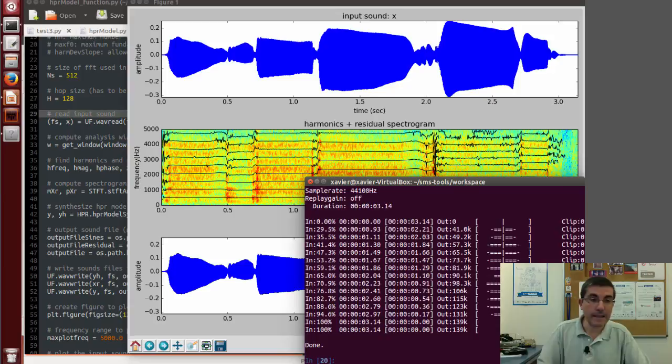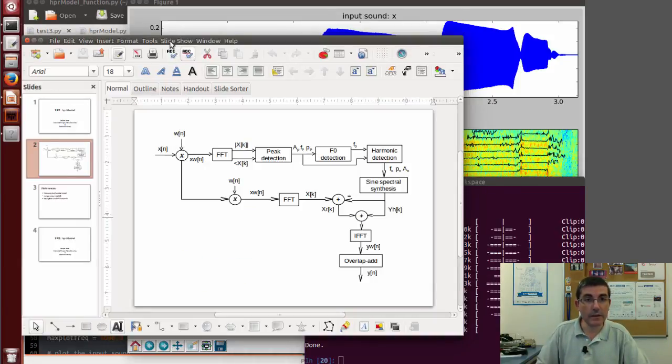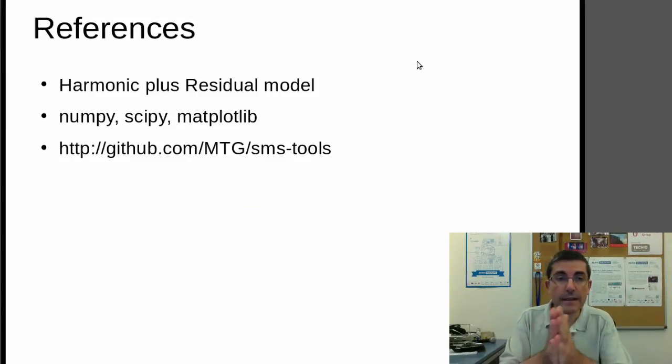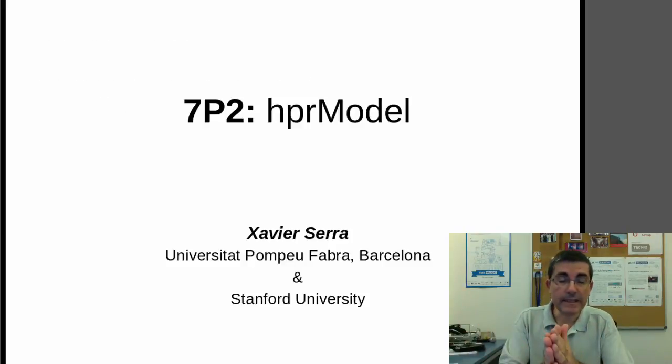Okay, and that's all. Basically, we have gone through the harmonics plus residual model, and we have used quite a bit of code from the SMS tools and from Python to be able to subtract the harmonics from the residual. And hopefully that has given you a programming perspective to this idea of harmonic plus residual subtraction.